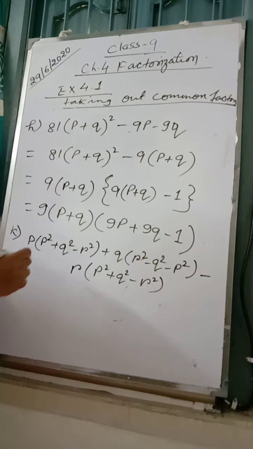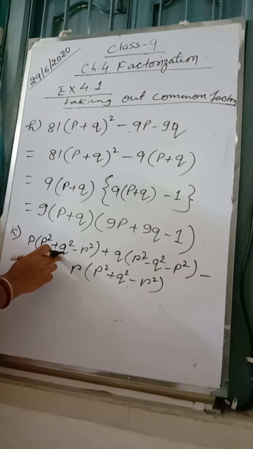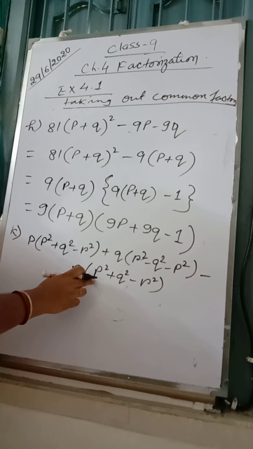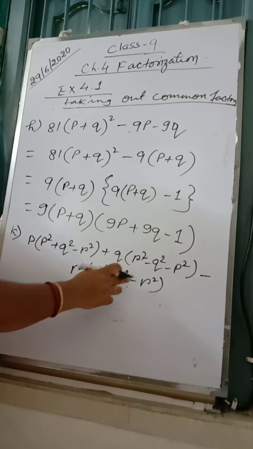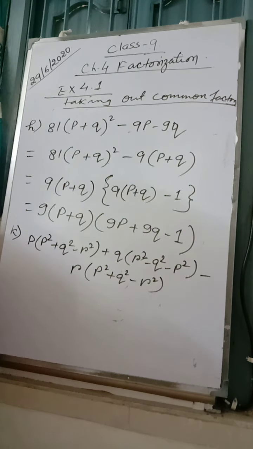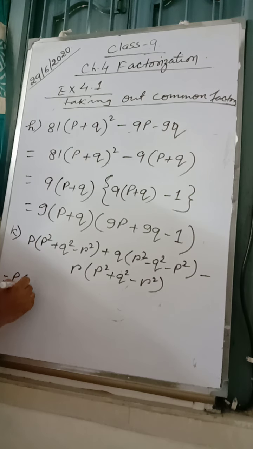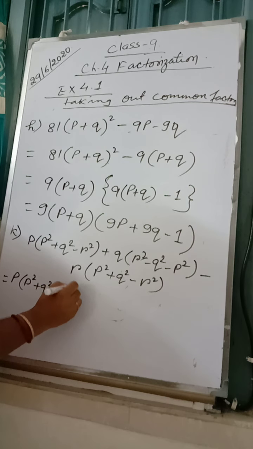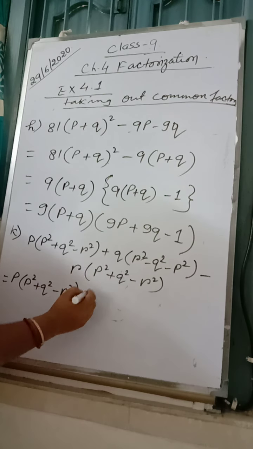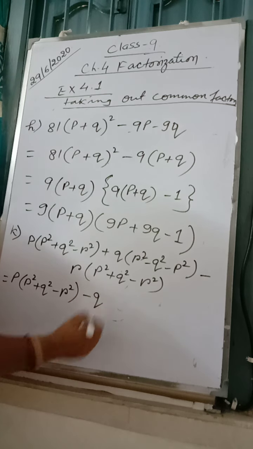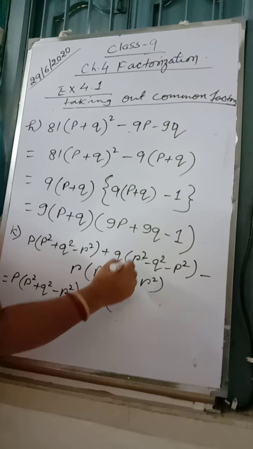Now you can see in this we have P square positive, Q square positive. Here also we have P square positive, Q square positive, but here we have P square negative and Q square negative. So what can we write? We can rewrite it as P into P square plus Q square minus R square. Instead of writing plus Q, I can write minus Q. Then the sign will change.